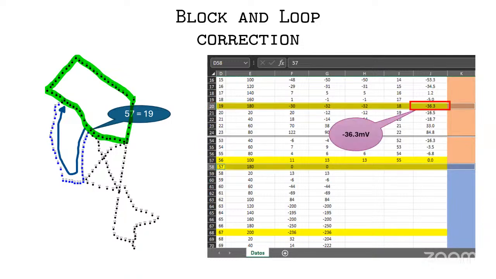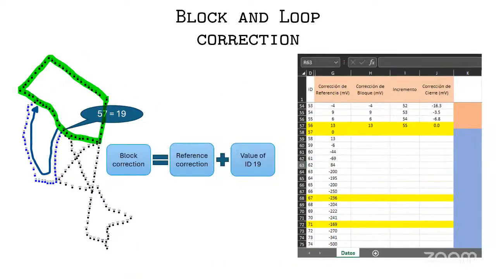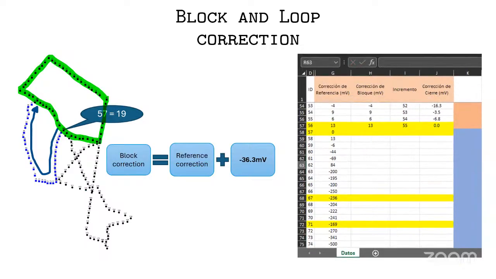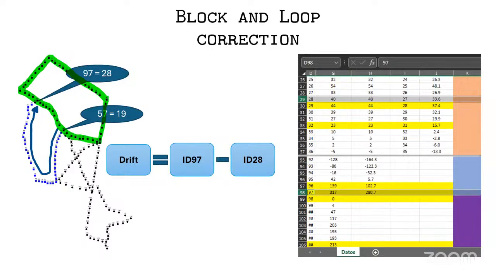The correct value is minus 36.3. This value is added to the rest of the profile, and we obtain the drift between corrected and not corrected values of profile 2.